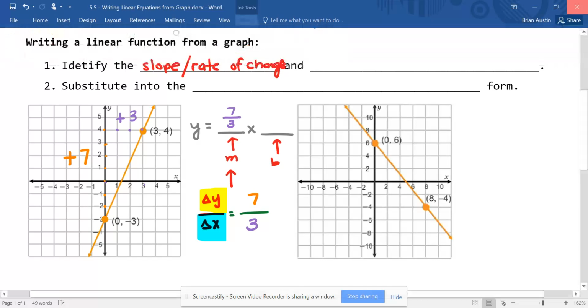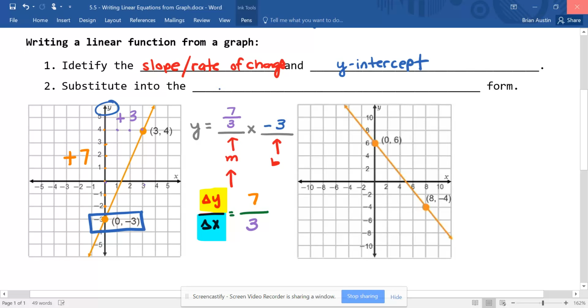Next is to identify the y-intercept, and that is going to be where our linear function is crossing the y-axis. They intersect here at (0, -3). That is going to be placed in the spot for b. And so we're going to have y equals 7 over 3x minus 3.